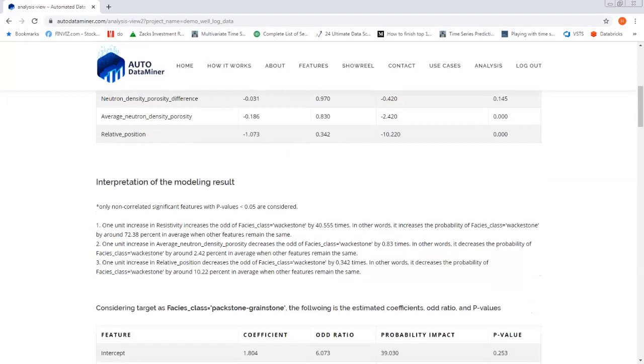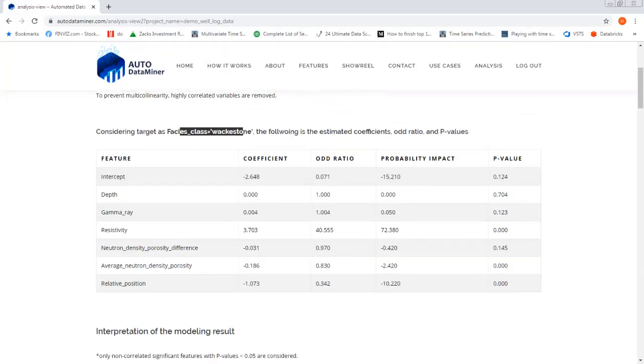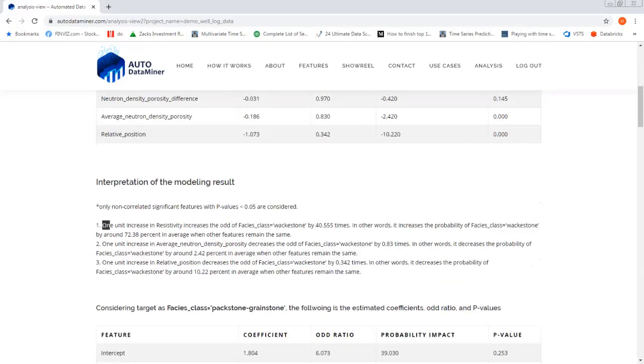For this class, facies class equals Wackestone, one unit increase in resistivity increases the odds of the facies class by this many times. In other words, it increases the probability of facies class equals Wackestone by around 72%. So when you increase the value of resistivity by just one point, the probability of having this class goes up by 72%.